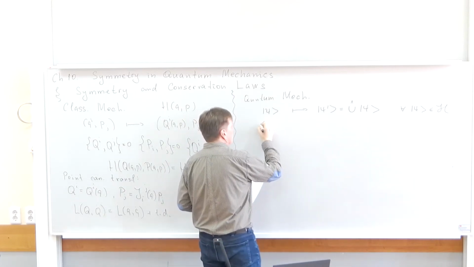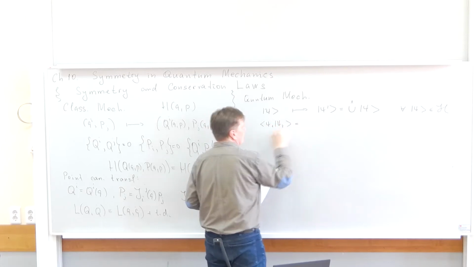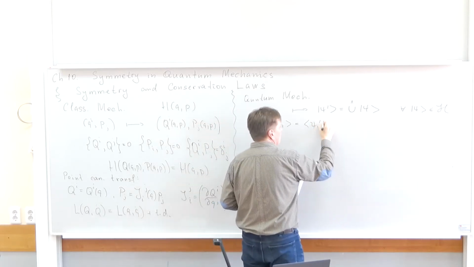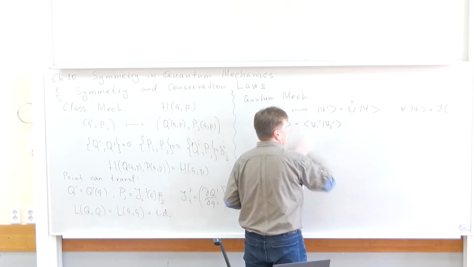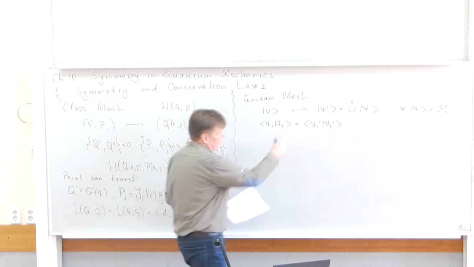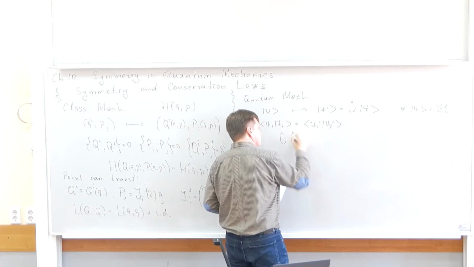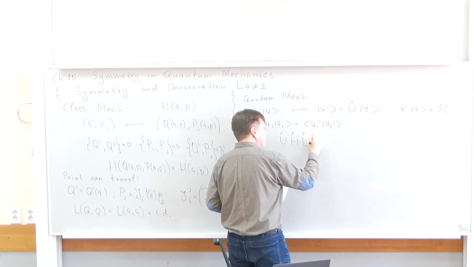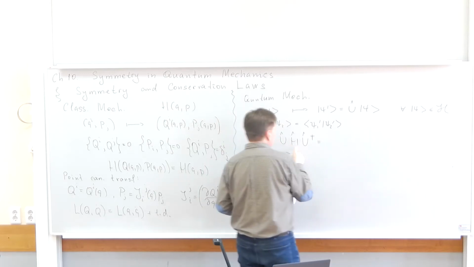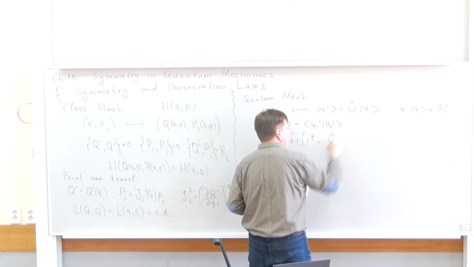Unitarity implies that the inner product of psi_1 with psi_2 is equal to that of psi_1 prime with psi_2 prime. And invariance of the Hamiltonian under this unitary transformation implies that, making a sandwich of the Hamiltonian and the transformation operator, we get the initial Hamiltonian.